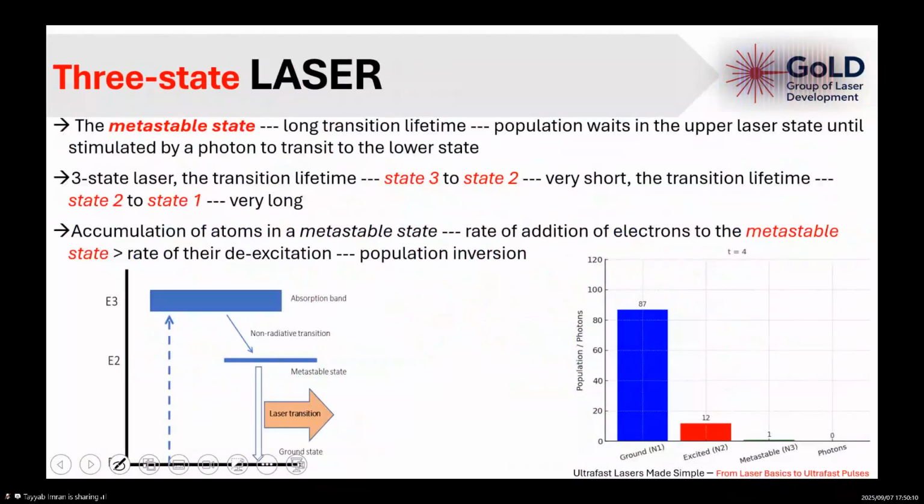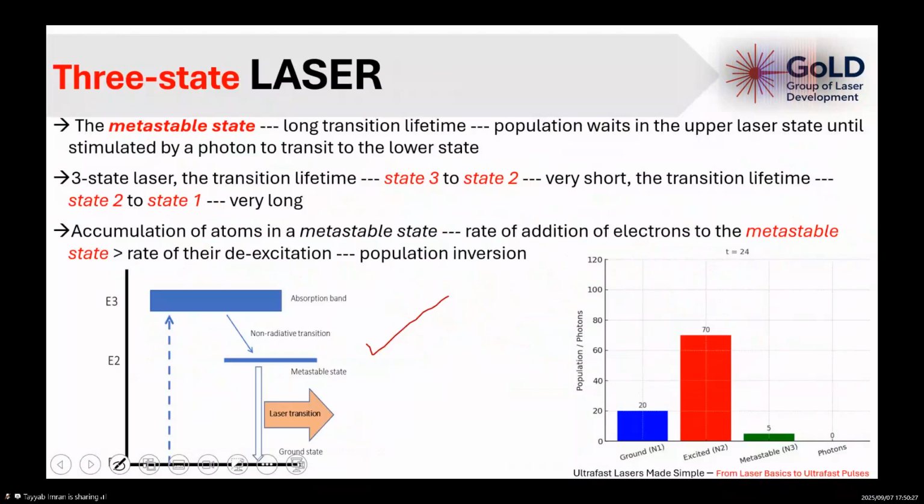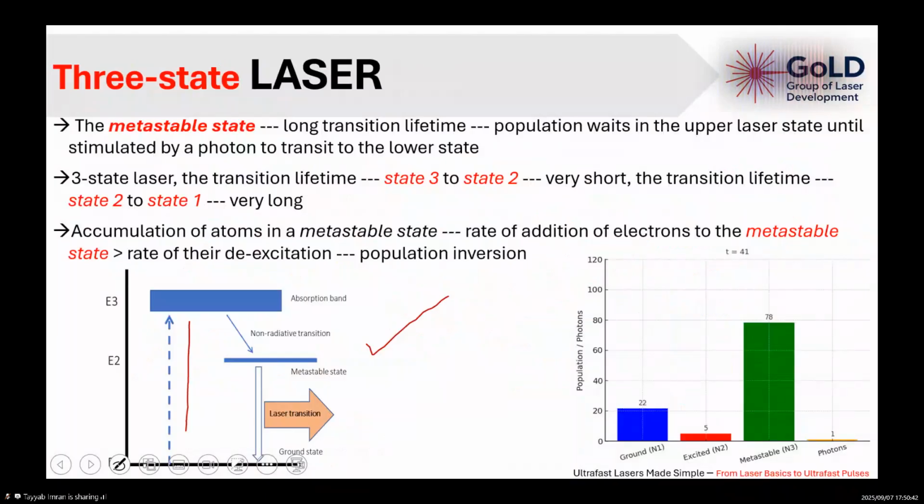Now, if we move further, what do you see here? A 3-state or 3-level system. Here is the diagram of the 3-level system. What is happening here? This is your ground state, and from the ground, an electron, or in general terms the book says atom, but I'm saying electron, is pumped.